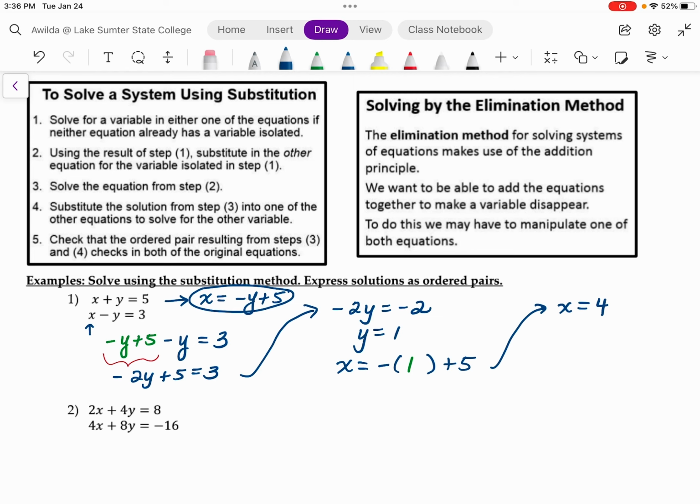That means that this system has one solution, and it is the ordered pair x equals 4 and y equals 1. And because this is an ordered pair, we're going to put this in curly brackets to indicate the set containing this one ordered pair. In this case, we have a system that is consistent and independent. So there is one point of intersection. That point is the solution to the system. And we have two distinct lines.